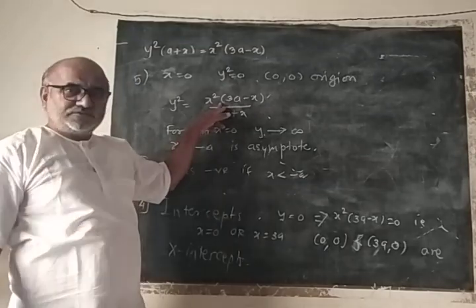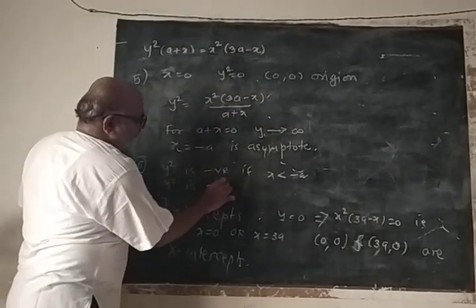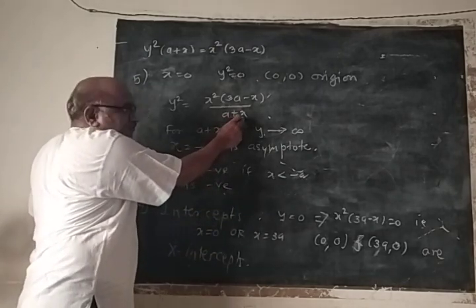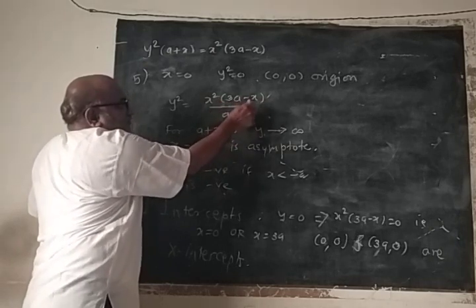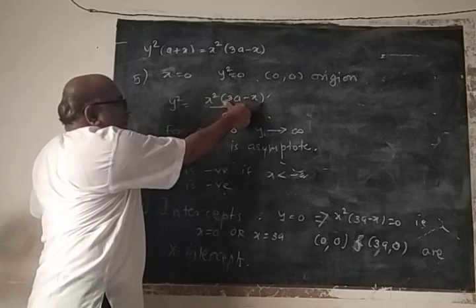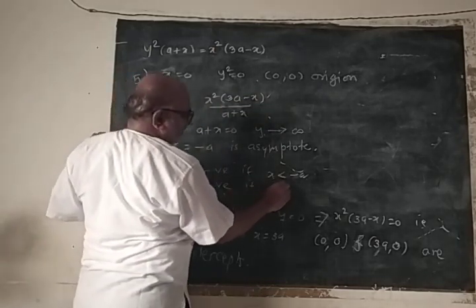Again, y square is negative if x is greater than 3a, because this bracket will become negative.